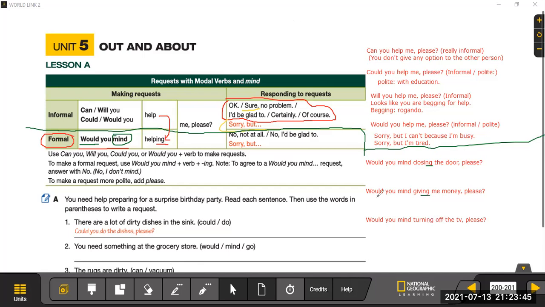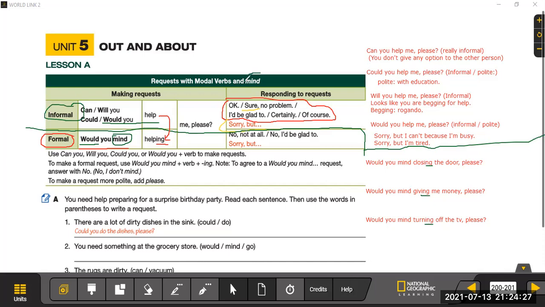Yeah, Ezequiel. Teacher, what is the difference of using verb to be with the verb with ing or use mind? Okay, in this case, we could say that it is a grammatical rule. When you use would you help me, as I said, it is informal.